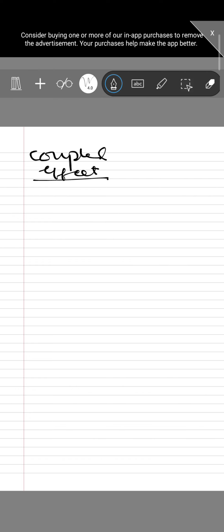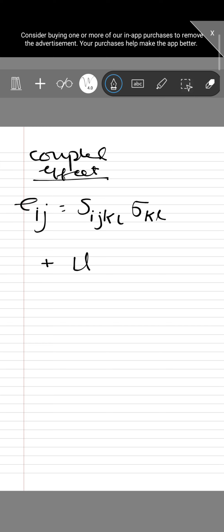In that case, the equation will change to epsilon ij, the strain caused, equals Sijkl into the stress applied plus d into E, the strain caused by the electric field.